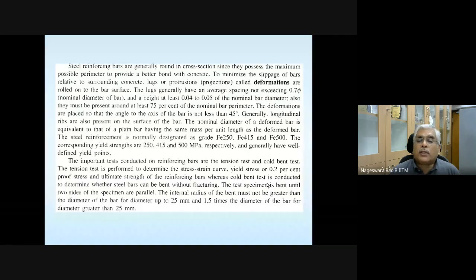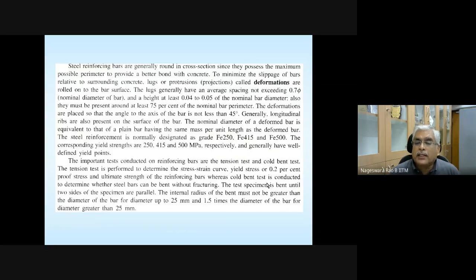The steel reinforcement is normally designated as Fe250, Fe415, Fe500. The corresponding yield strengths are 250, 415, 500 MPa respectively, and generally have well-defined yield points. For mild steel it is there, but for Fe415 and Fe500 we need to go with 0.2% proof stress.